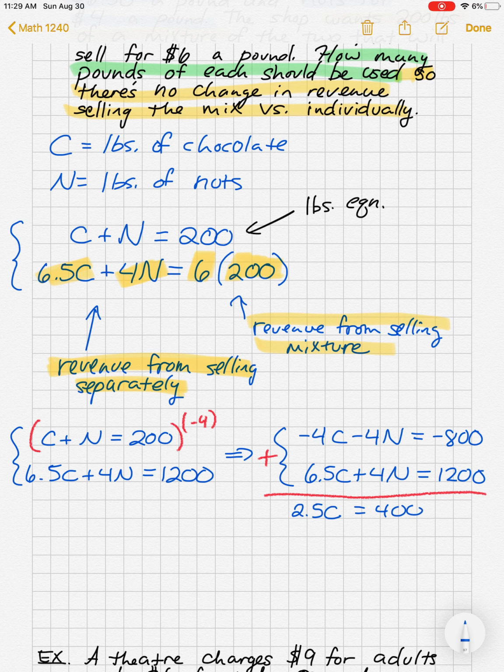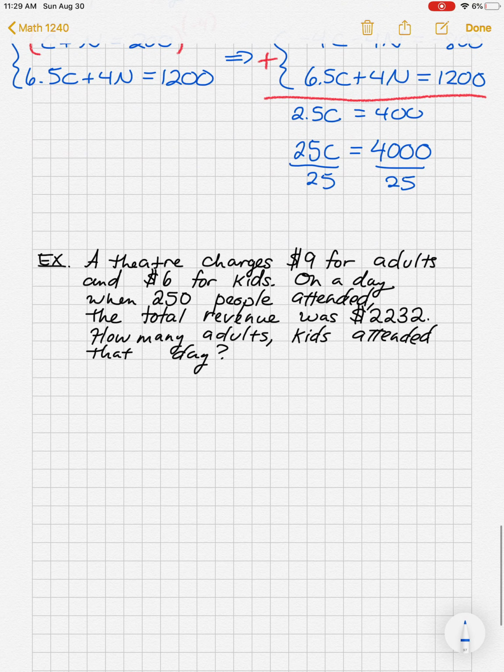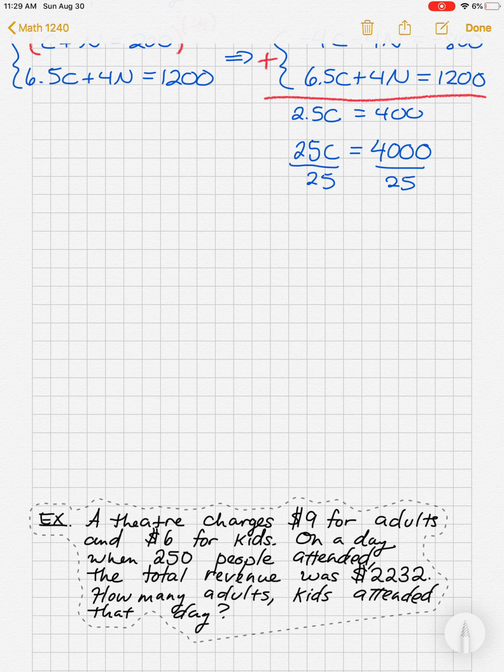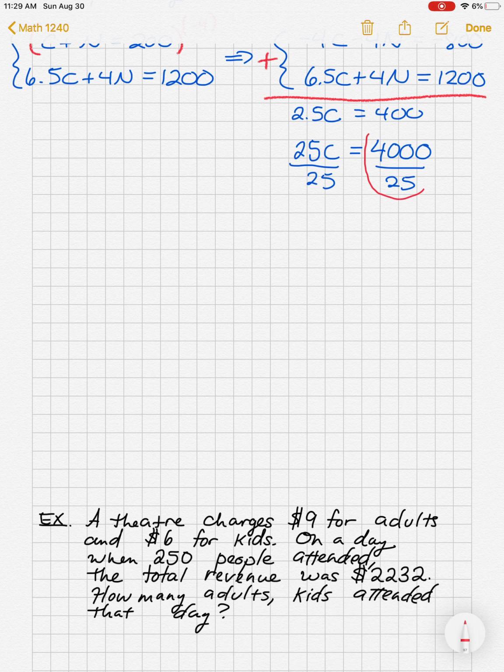So I got a couple options what to do from there. I guess I could multiply by 10. And then divide by 25. Okay, let me see here. What is 400 divided by 25? Let me see. 100 divided by 25 is 4, right?